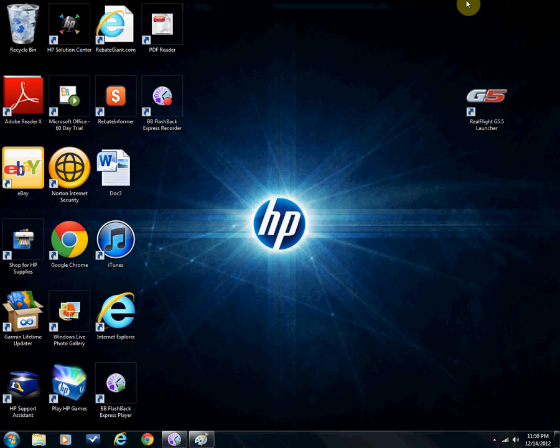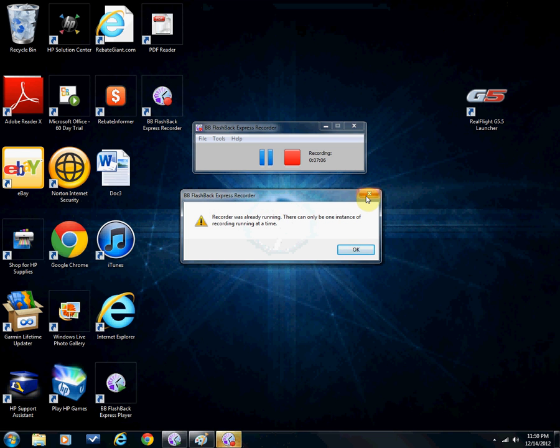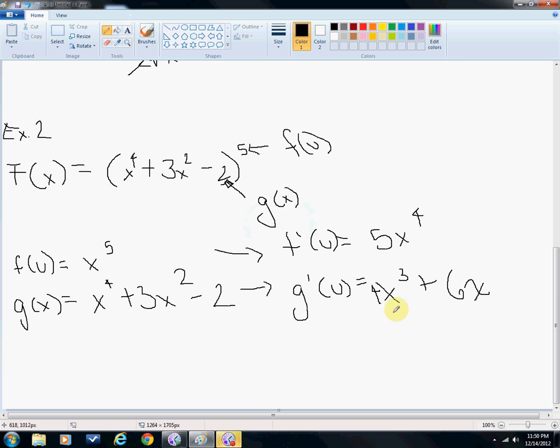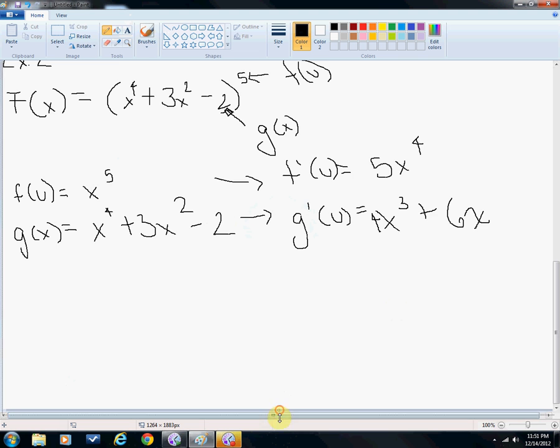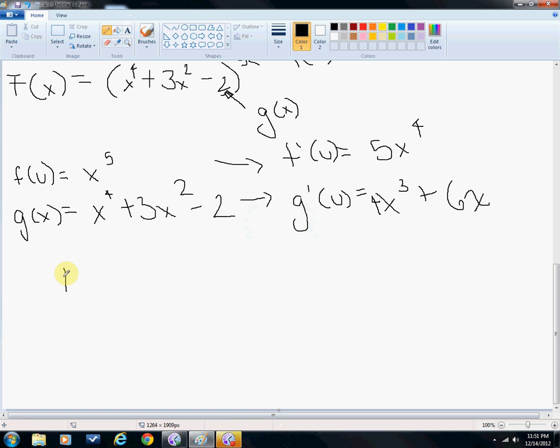Check my time frame, I'm sorry about this. Okay, I still have time. And then, make some space. You take, of course you've seen this before, capital F prime of x equals 5, then you put the stuff inside, x to the fourth plus 3x squared minus 2, to the fourth.